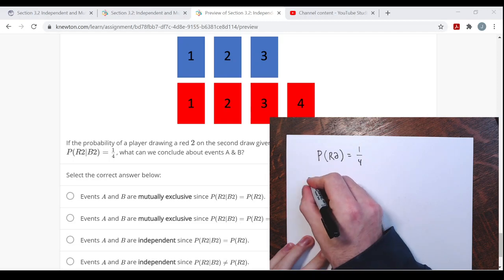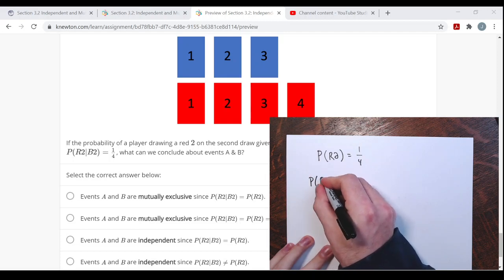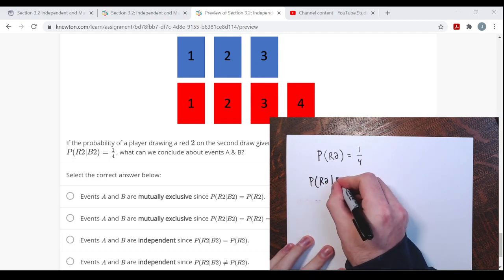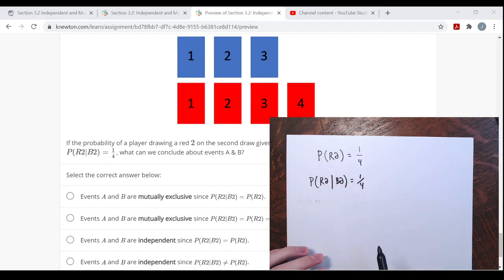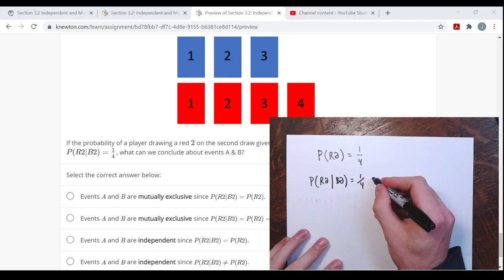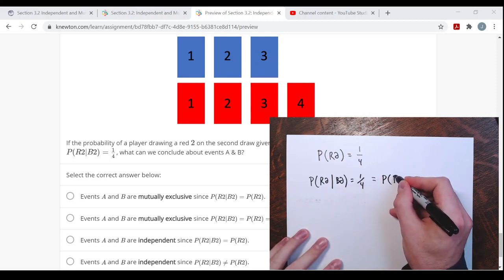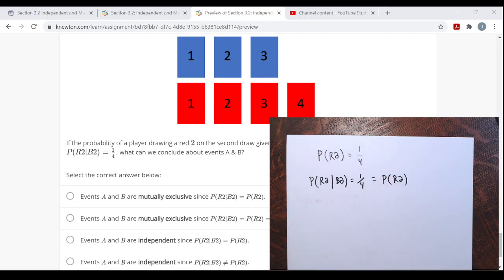And the probability of drawing the red 2, given that they drew a blue 2, is still 1 out of 4, because you draw one of the blue cards, you still have 4 red cards. So the probability of pulling a red 2 out of those 4 red cards is still 1 out of 4, which is the same as the probability of drawing a red 2 earlier.